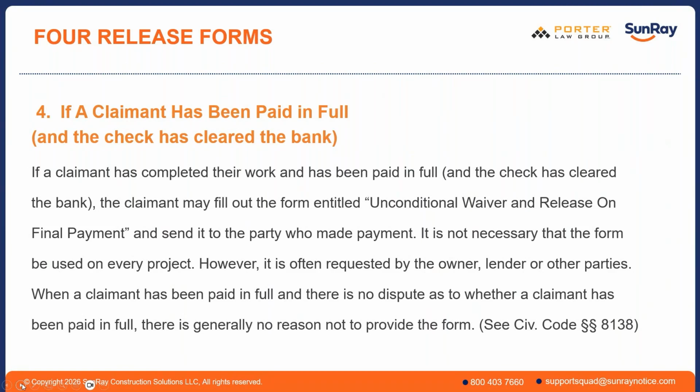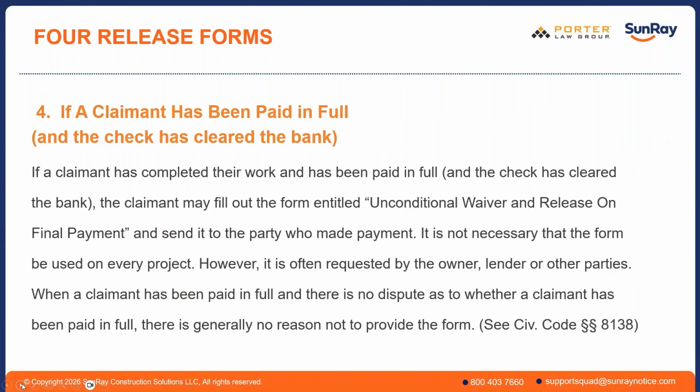Let's say that you give an unconditional when you only should have given a conditional, and then the check bounces, and then shoot, I have actually given an unconditional release, so I have released my claim to a mechanics lien, stop payment notice, and payment bond, and that's unfortunate, but that's the consequence of having signed the unconditional when you only should have signed a conditional release.